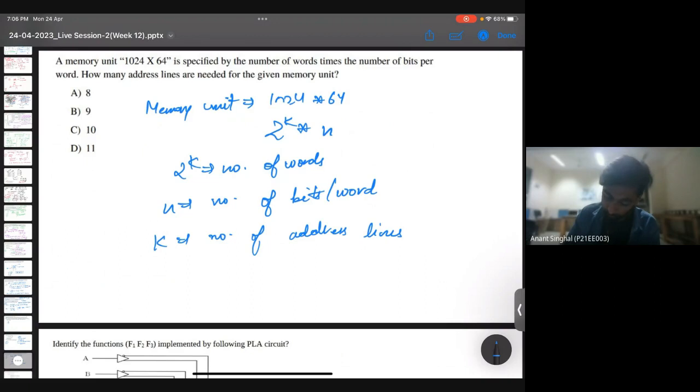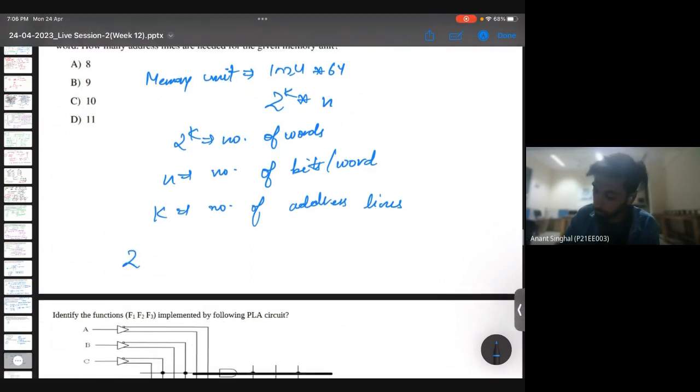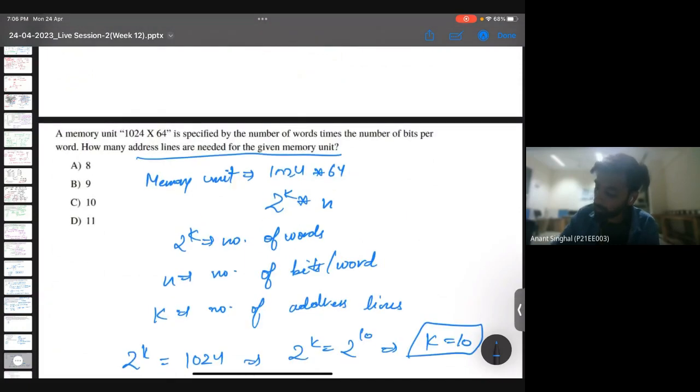Comparing directly, 2 to the power k is 1024, which is 2 to the power 10, so k is 10, the number of address lines required for the given memory unit. The correct answer is option C.